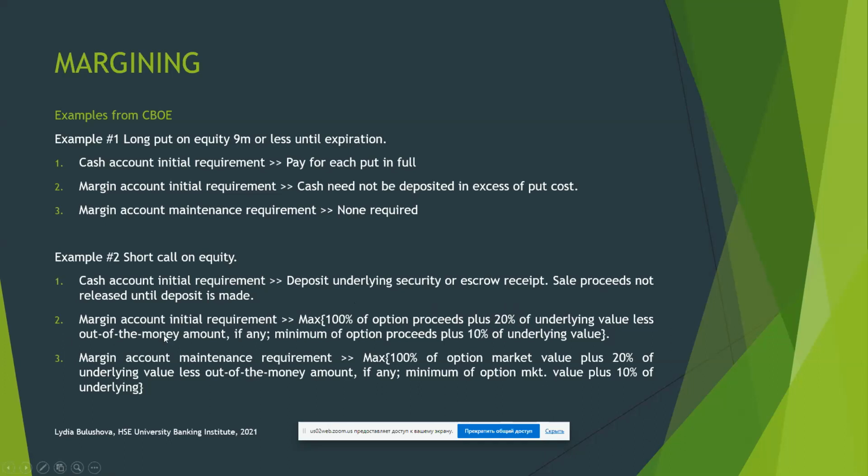What is the out-of-the-money amount? What amount of money will you get if the option is out of the money? So you just need to calculate first how much money you would get if an option is in the money and exercised.